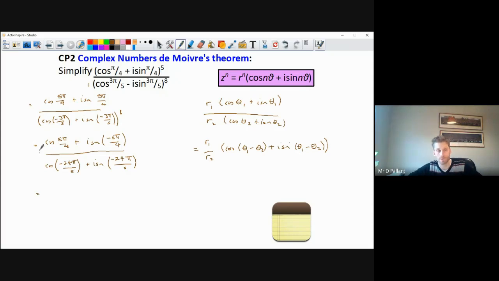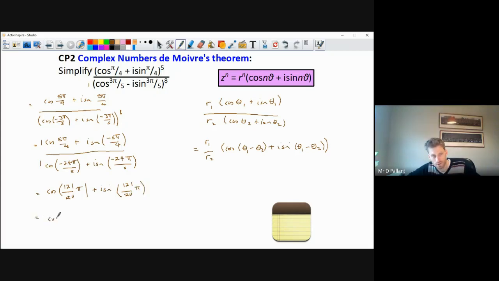So my modulus is just 1 and 1, so therefore it'd be 1. And when I subtract those, it's a double negative, of course, I get cos 121 over 20 pi. So you might be using your calculator to do that. That's supposed to just be a closed bracket. 121 over 20 pi. This is obviously way too big for an argument.